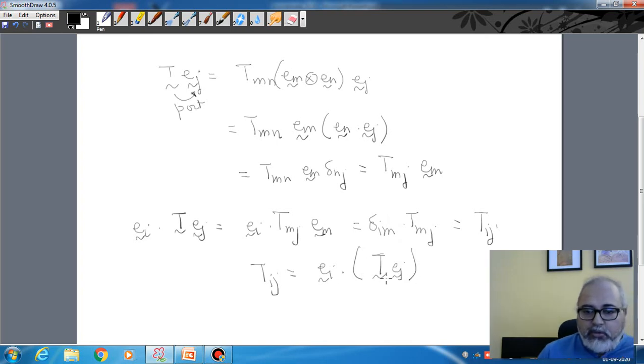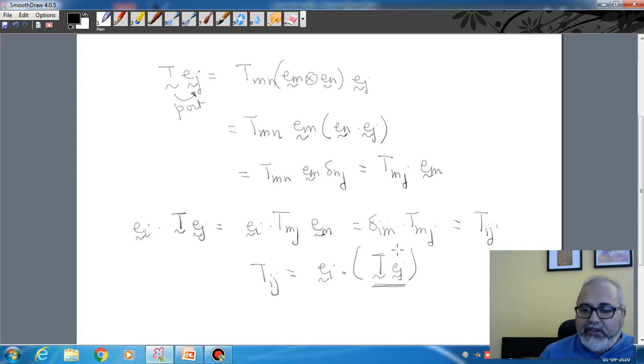Okay. Now remember, just look at two things. One, I am using a dot here because this is a dot product between two vectors. I'm not using a dot here because this is a second order tensor operating on a vector, and this operation always leads to a vector.